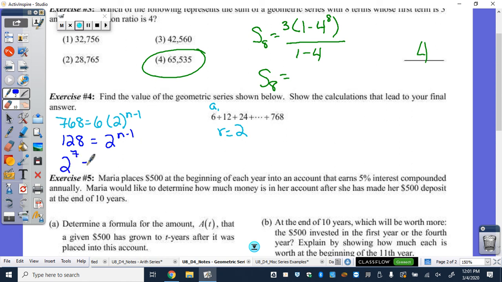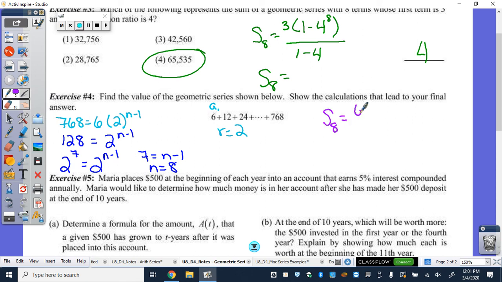To the 7th. And now who remembers the rule when you have the same base? 7 equals n minus 1. So that means our n is an 8. Remember, that's our change of base formula.